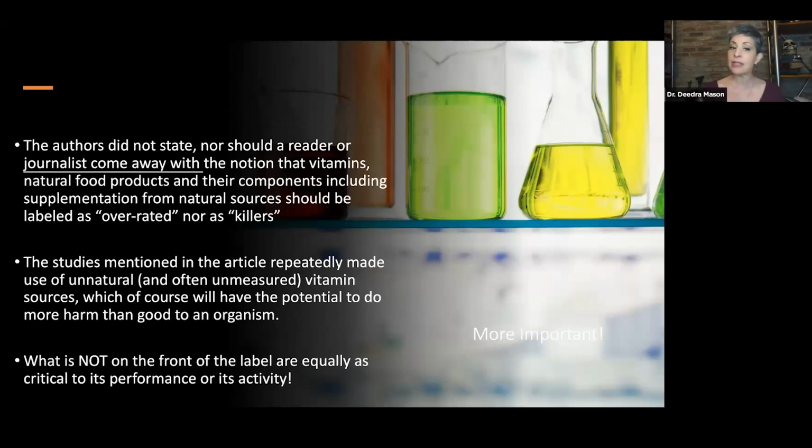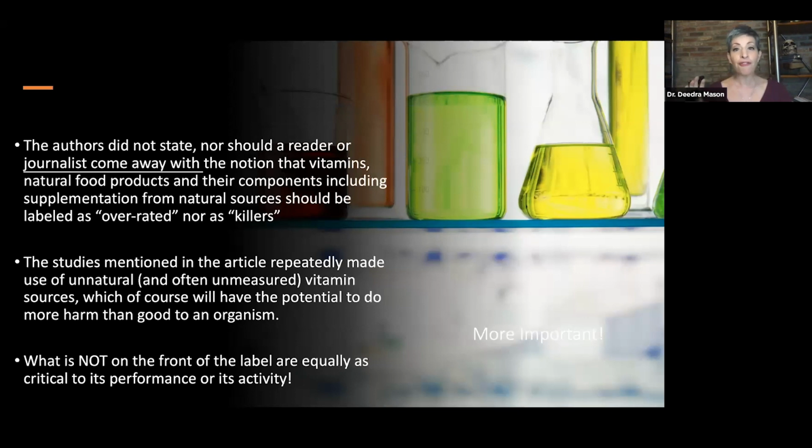The studies mentioned in the article, as I said multiple times, made use of unnatural antioxidants as well as super physiologic amounts of those antioxidants, which of course, when we think about chemical constituents, unnatural constituents, we would expect those to cause harm, especially if they're in an appreciable amount.